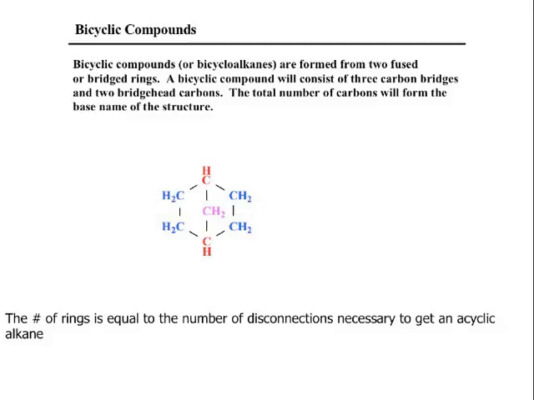Feels like it has a gap right there on the back. But notice, if I use my finger, it looks like there are 3 rings. But in fact, there are only 2 because it just takes this disconnection and that disconnection to get a completely open system. So it's how many times you have to disconnect that tells you how many rings you have.